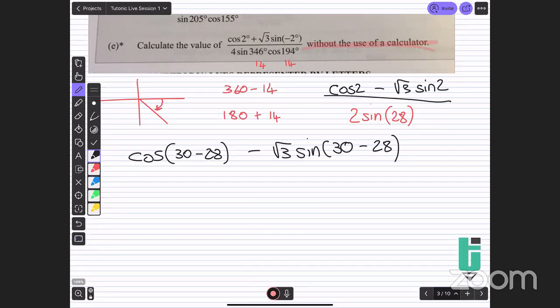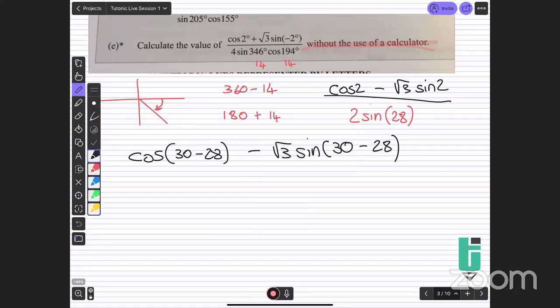Okay, so what's cos of 30 minus 28? Remember, this is without a calculator. I'm using 30 because I want to use special angles, and I'm thinking the 28 will cancel with this 28. That's why I'm using 28. You guys will see that.